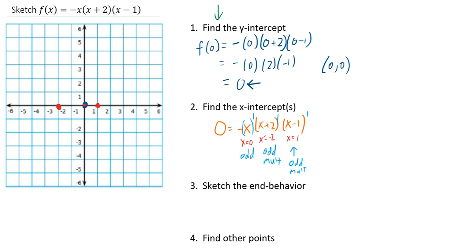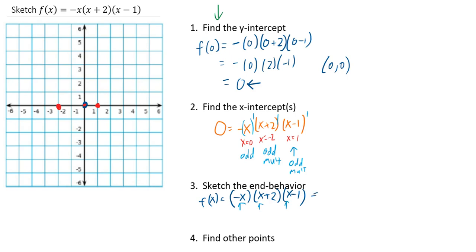I sketch the end behavior. Well, for the end behavior, I have to figure out what the leading coefficient is, what the degree is. If I have negative x times x plus 2 times x minus 1, if I multiply all of the big things, by that I mean if I multiply negative x and x and x, I'll get one term of what I would get if I actually FOILed it out.